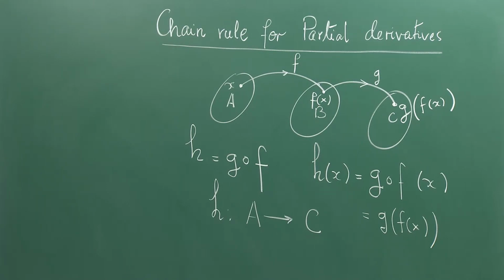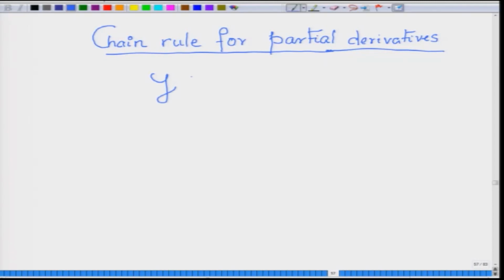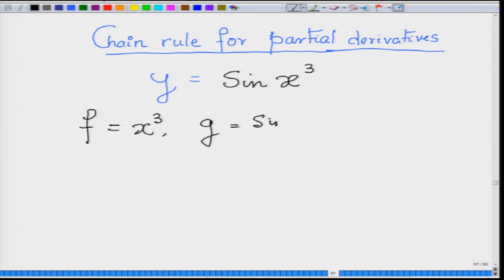For example, if I talk about a function like y is equal to sine of x cube. If you observe, I can put f is equal to x cube and g is equal to sine of z.